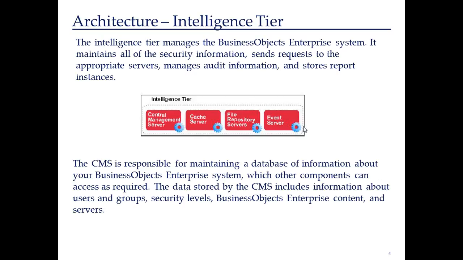Based on the report type that you want to view, it's going to send the request to the related servers in the background. So that is the job done by central management server. Not only that, checking user ID and password, sending the request to the related servers. The third one is checking whether you have enough access rights to do that operation. So all these jobs will be done by central management server.